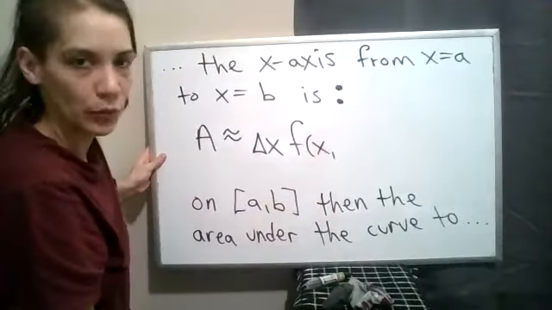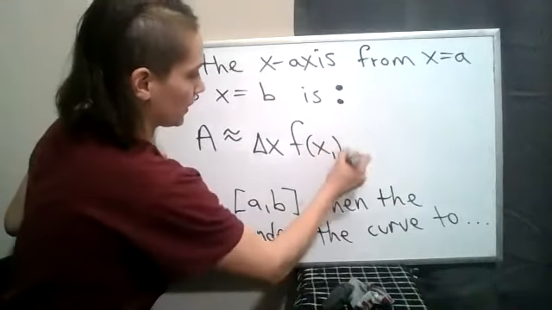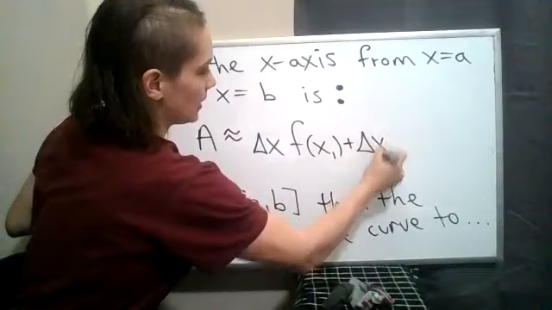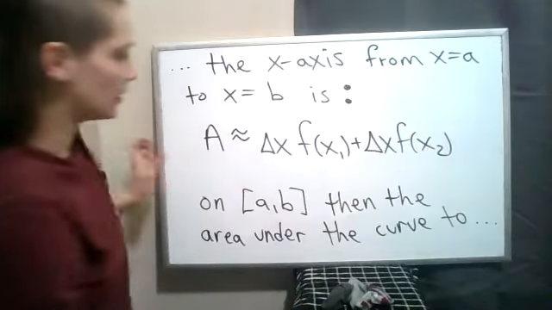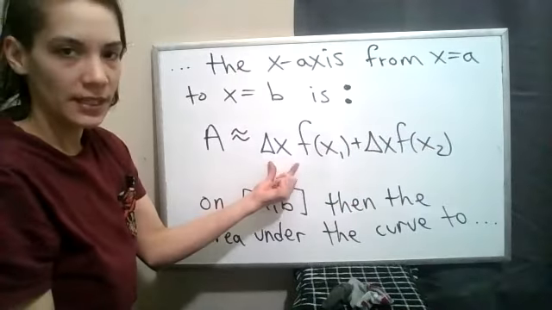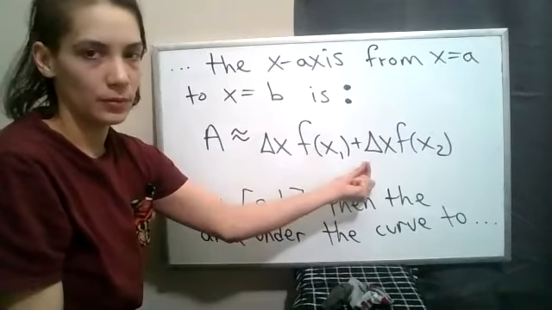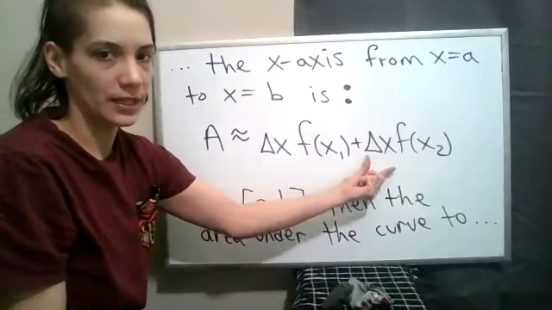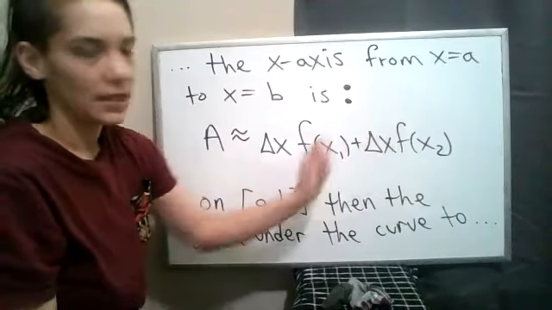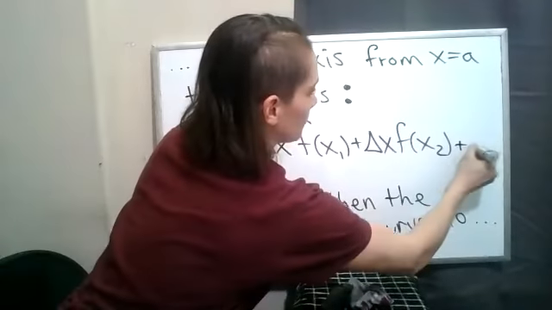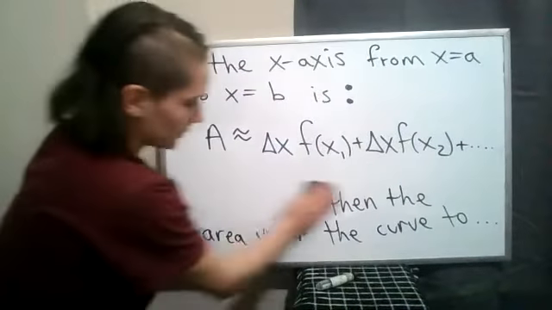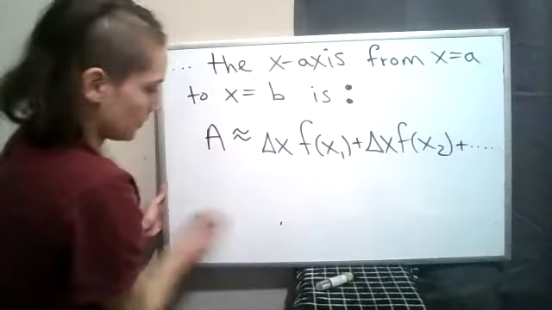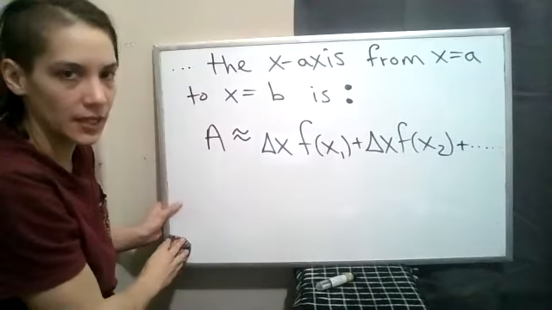We're going to have x sub 1 add delta x times f of x sub 2. So this is the width of a rectangle and its height, plus another rectangle with the width times height. We keep adding. All of your rectangles together.